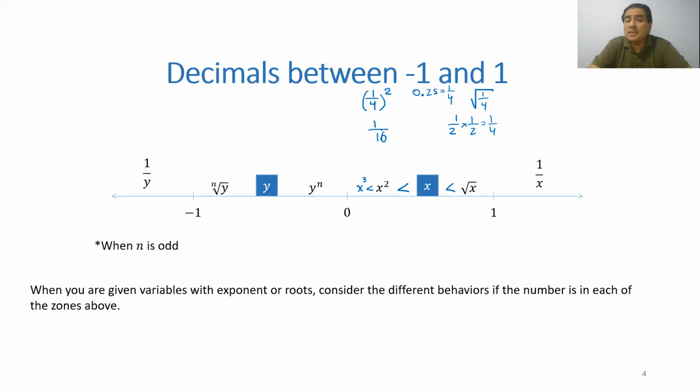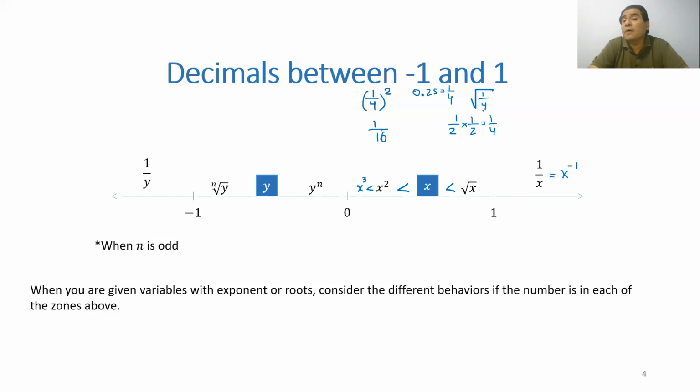What happens with the inverse of a positive decimal? Well, the inverse can be represented by the number with exponent -1. That means the inverse of a number is 1 divided by the number.